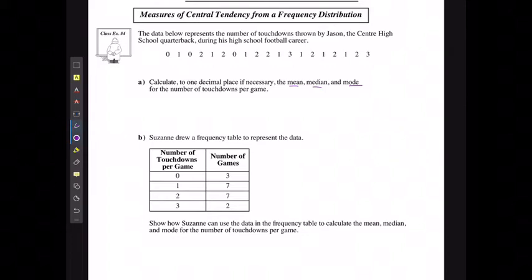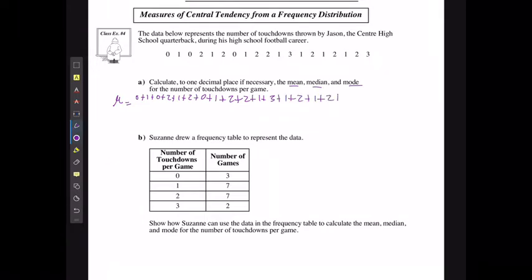Well, in this case, I can state that mu is going to equal all these numbers added together: 0 plus 1 plus 0 plus 2 plus 1 plus 2 plus 0, 1, 2, 2, 1, 3, 1, 2, 1, 2, 1, 2, and 3, all divided by 19.